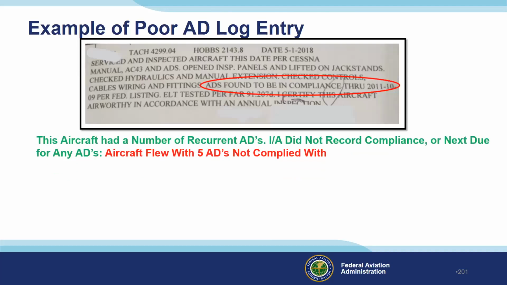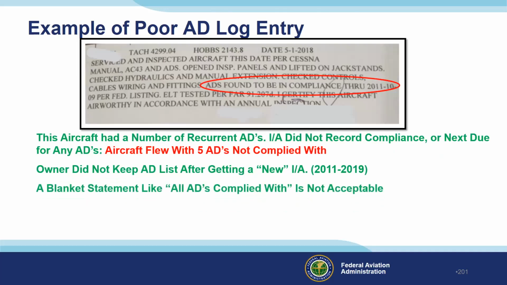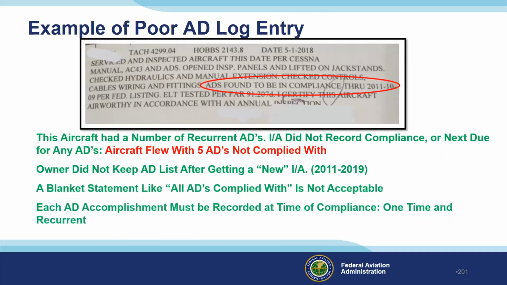Here's an example of a poor log entry. It just says all the ADs were found in compliance. This aircraft actually had a number of recurrent ADs, and the IA did not record compliance or the next due for any ADs. It flew with 5 ADs not complied with. I investigated this particular one.